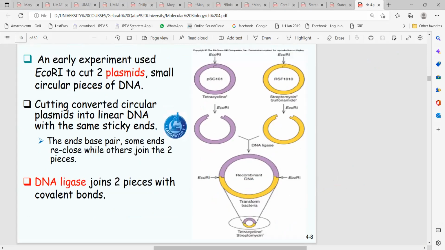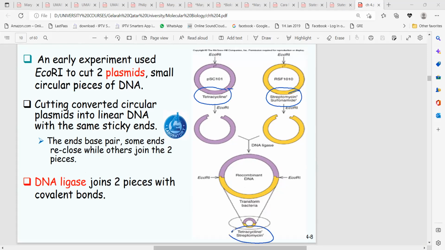The enzyme which will join them after their binding, sticking them together by bonding, like adenine binds with thymine, guanine with cytosine, is called DNA ligase. Now the recombinant plasmid we get is tetracycline plus streptomycin.